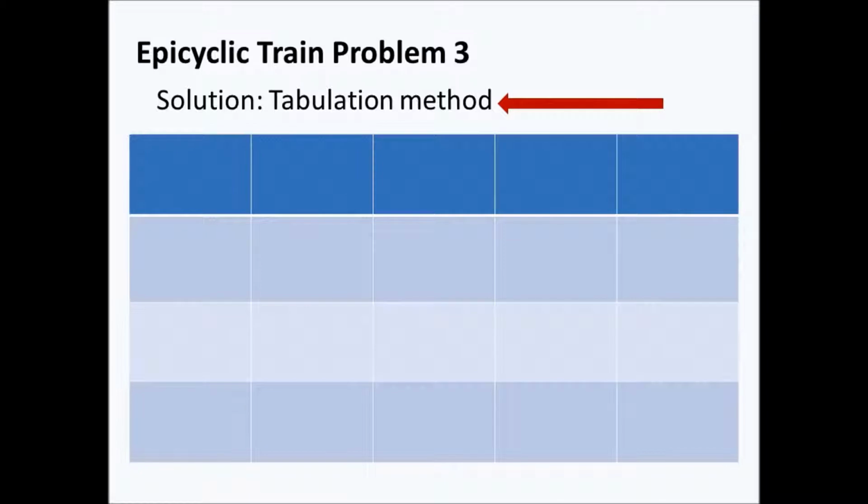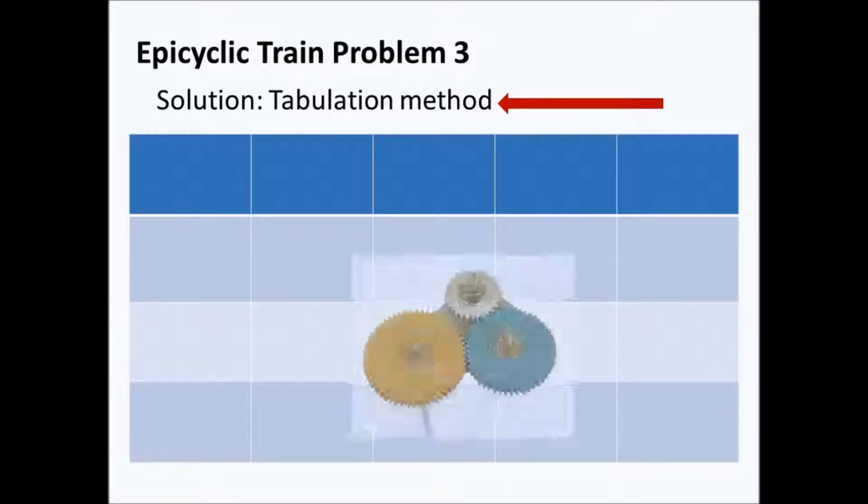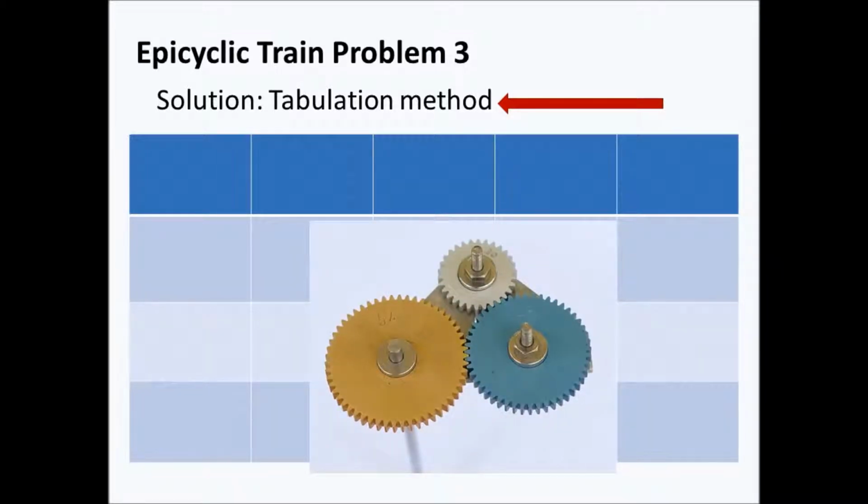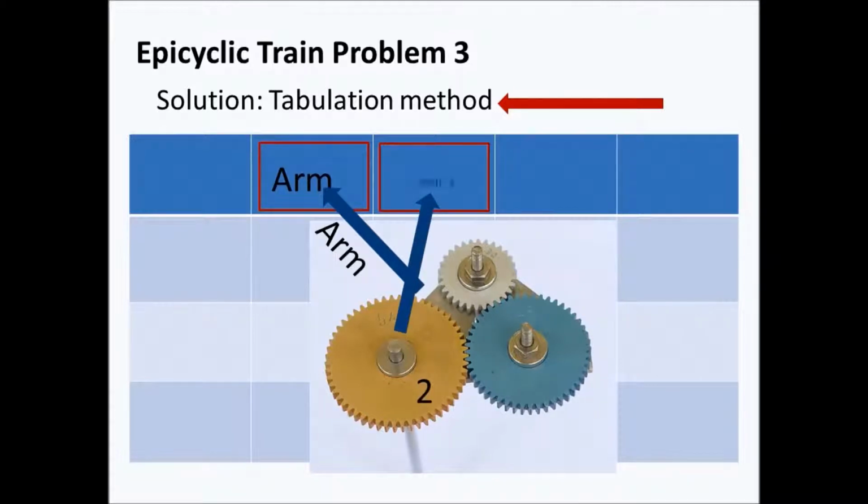First, we will have a table. With this as our mechanism, we will have this as the column for the arm. This is the column for gear 2, for gear 3, and gear 4.